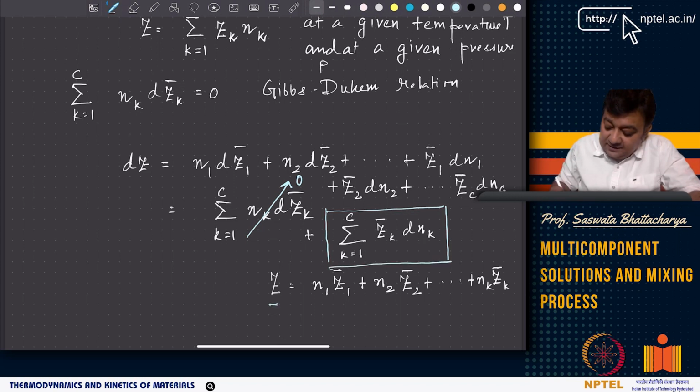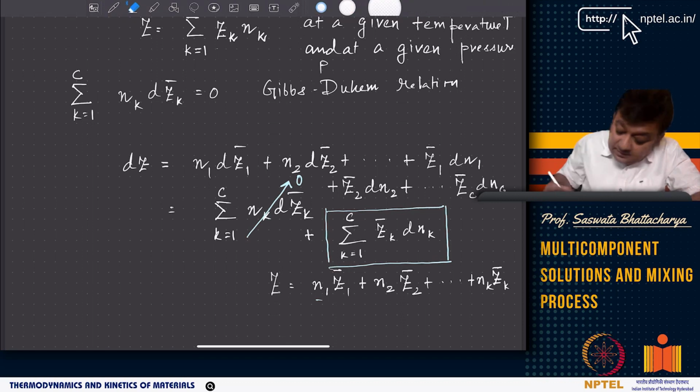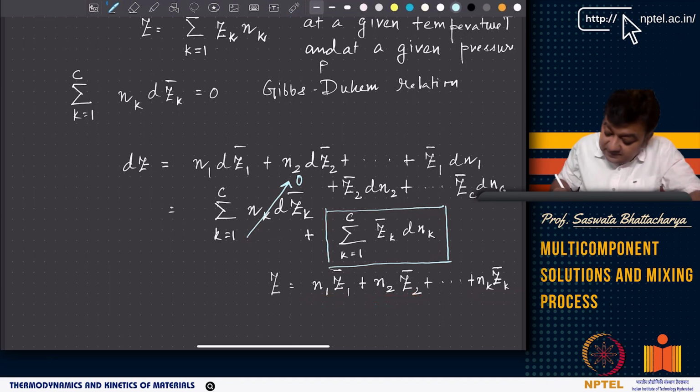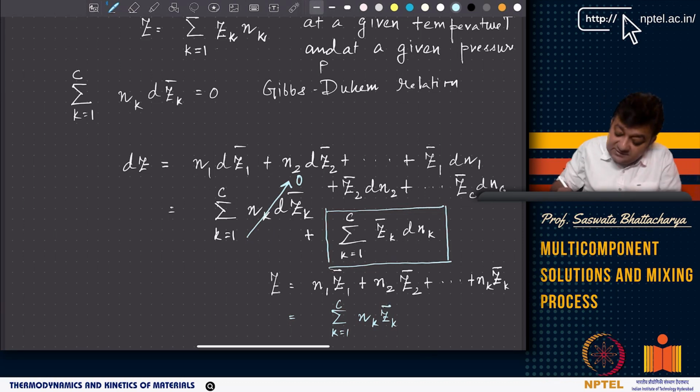You see Z equals N1 Z1 bar plus N2 Z2 bar plus Nk Zk bar, or I can write this as summation k equal to 1 to c of nk zk bar. This is the Euler equation, or Euler relation.